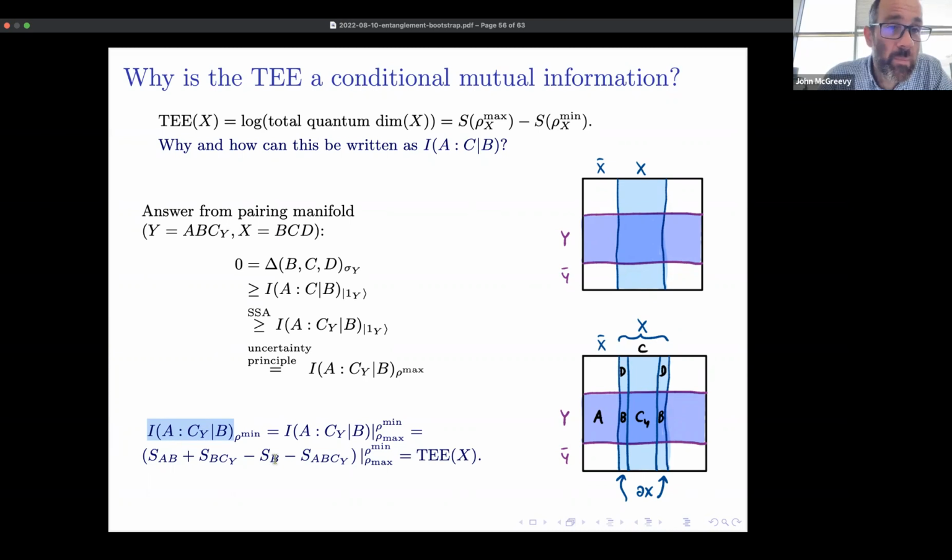And so those all agree just because of being part of the information convex set. And so the only part left is this difference of entropies, which is this TE. So for any manifold which we can prove is a pairing manifold, there's a TE associated with it, which we can understand in this way.